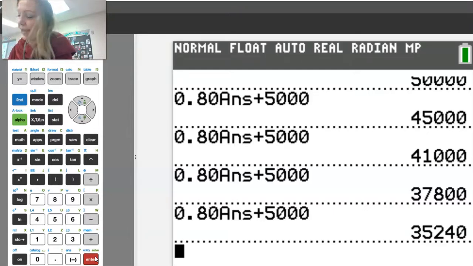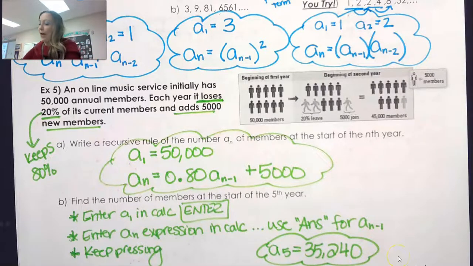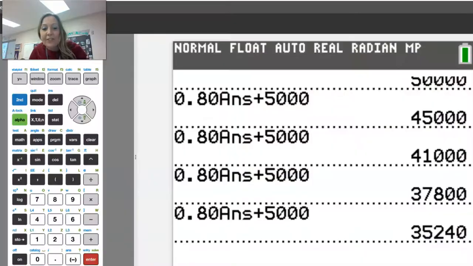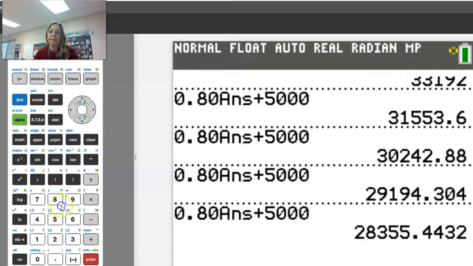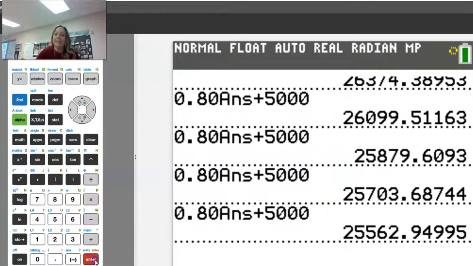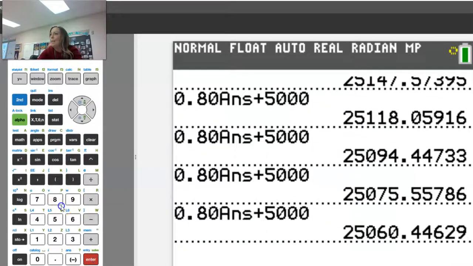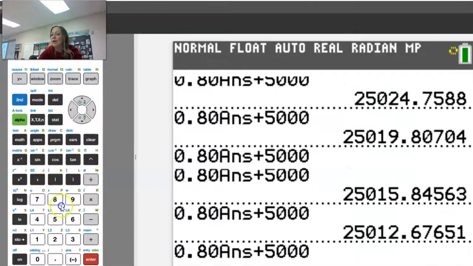In letter B, our a sub 5 is 35,240. Okay. Now in letter C, it asks us to describe what happens to the number of members over time. Here you guys just keep pressing enter. And if we keep pressing enter, notice that it's getting smaller and smaller, but it's never quite getting to what number?